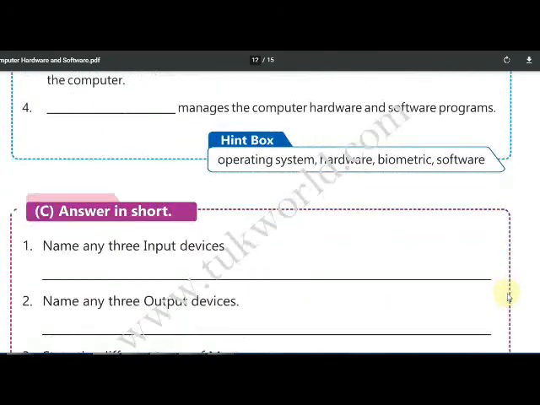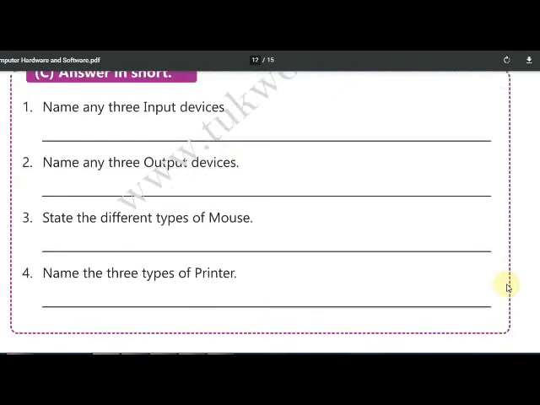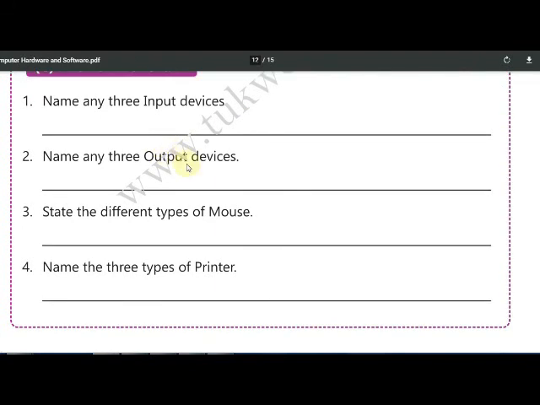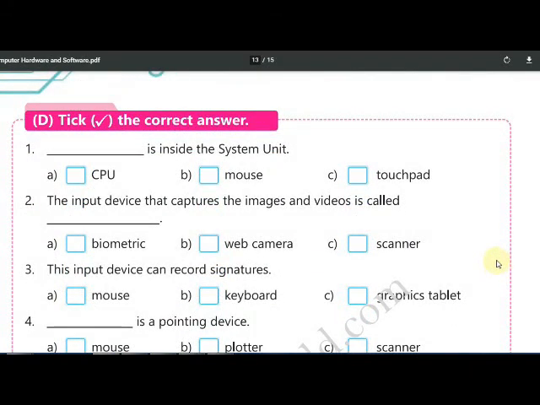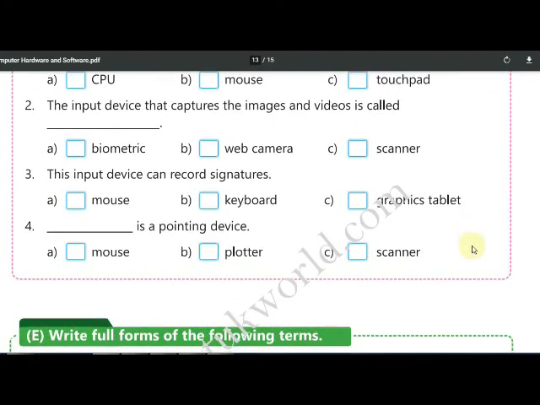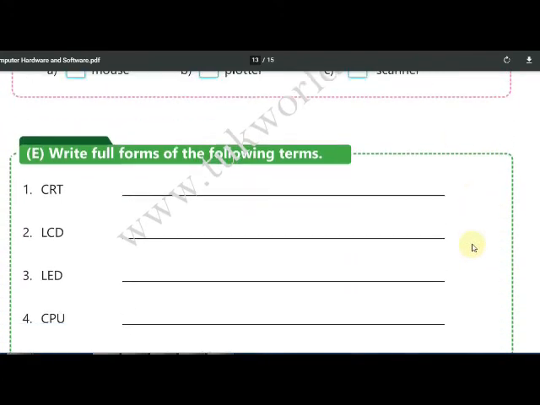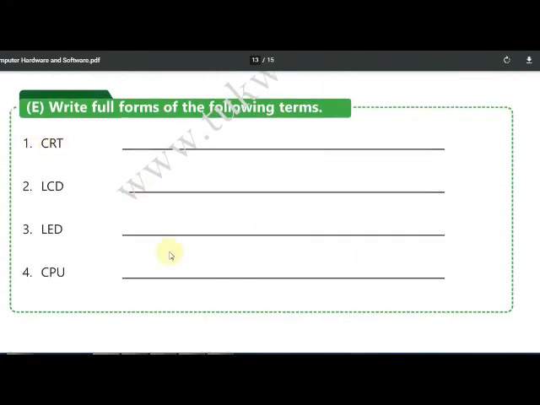After this, the next one, answer in short. You have to write the answer in short, maybe in one line. Then after this, the next one, pick the correct one. Then next, write the full forms. Those full forms are given in the computer textbook. You can easily solve it.